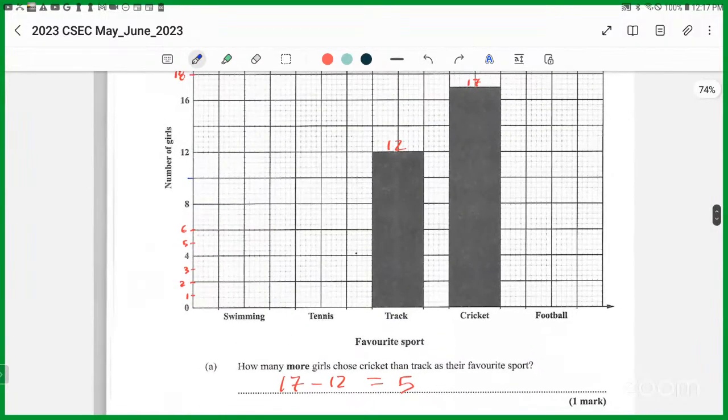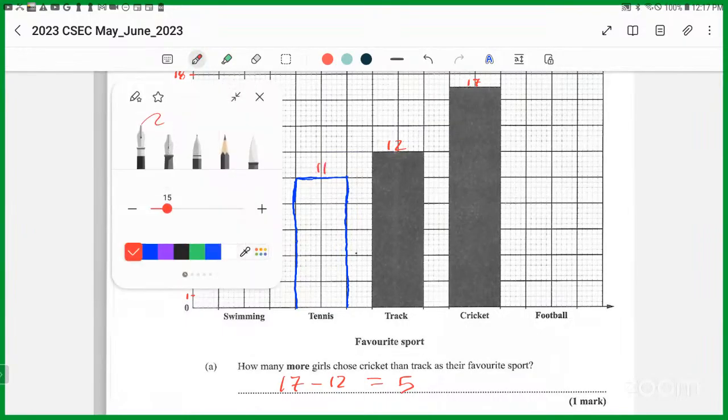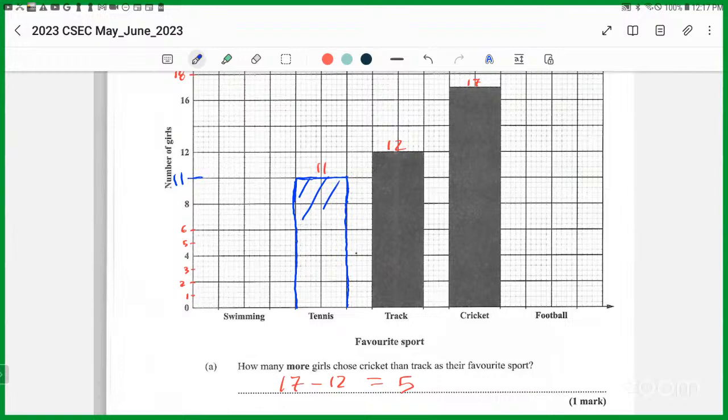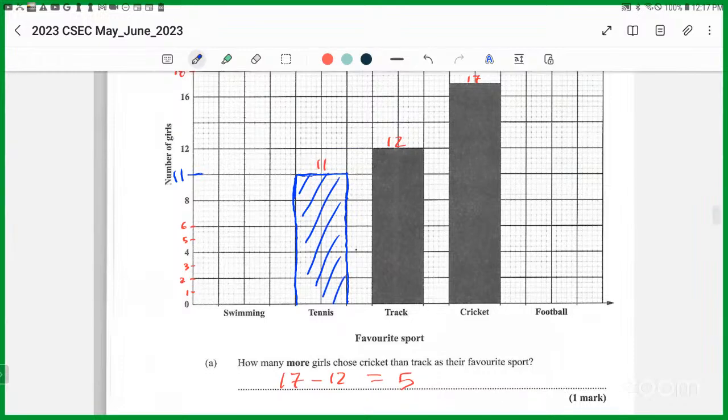See 11 here, so the tennis comes up to here. This is 11. All right, let's shade it. That's 11. Tennis.